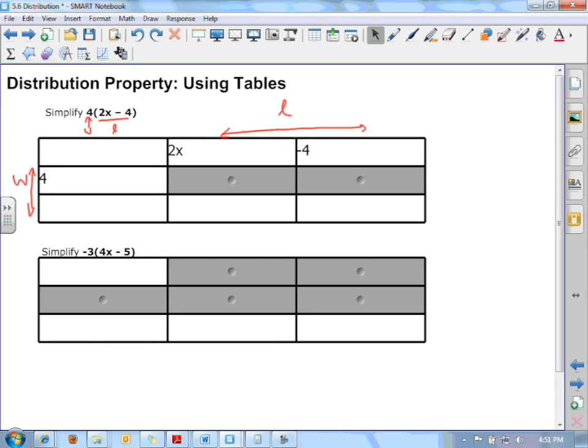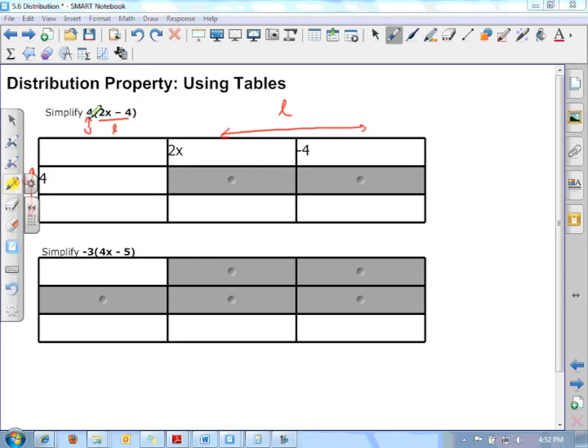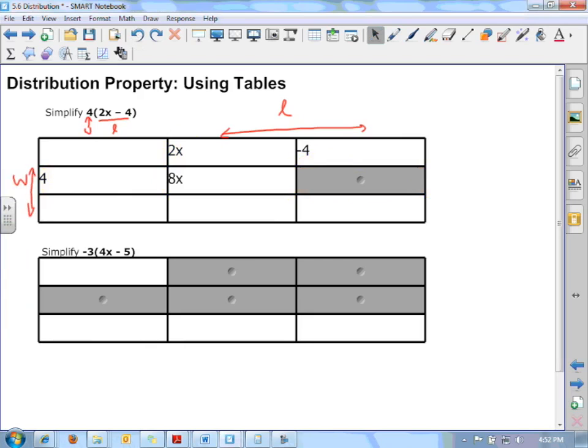So what's nice about the table is you simply just multiply to get the value in each cell. You multiply the 2x times the 4, and to get the answer in the other cell, you multiply the 4 times a negative 4. So in this case, 4 times 2x, we get 8x. 4 times negative 4, we get negative 16.